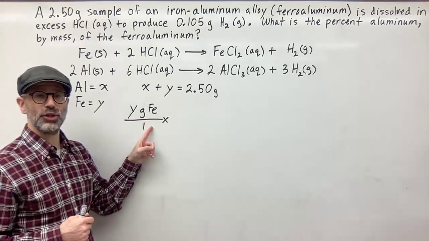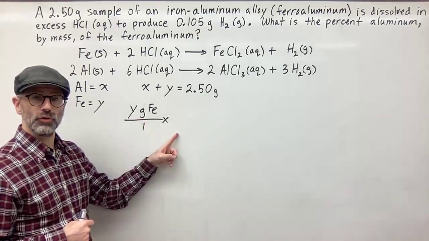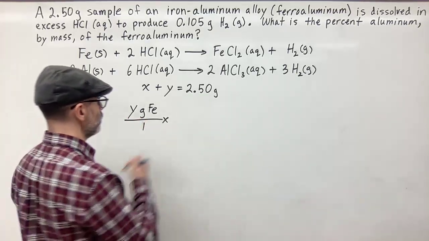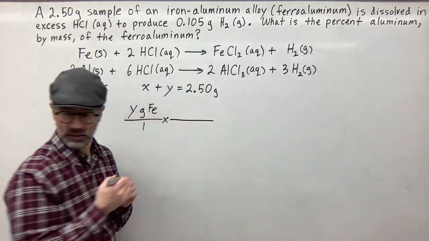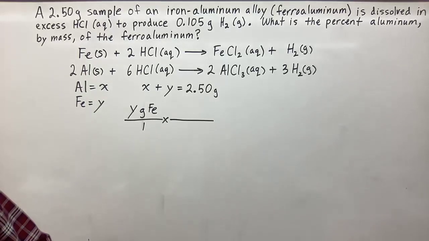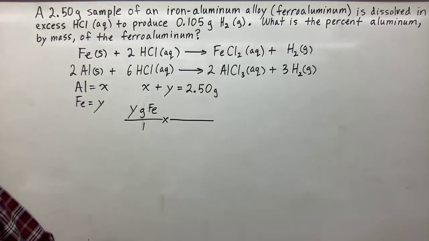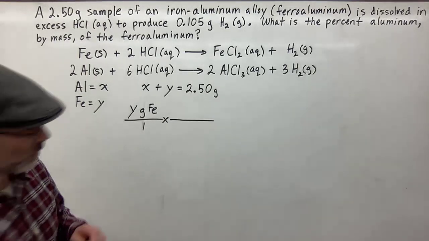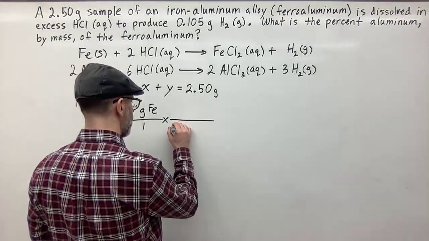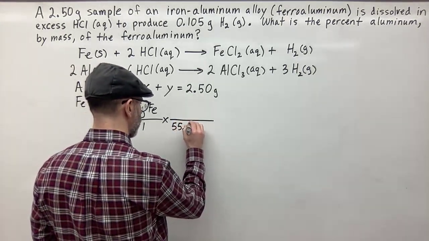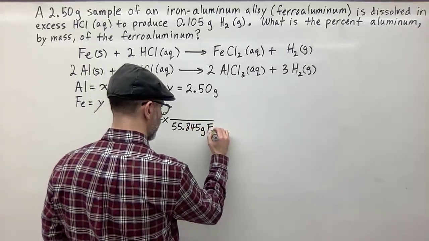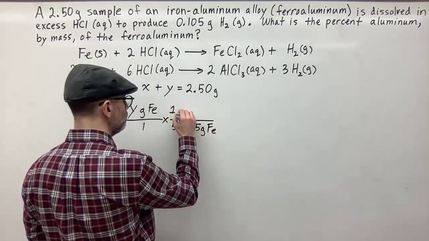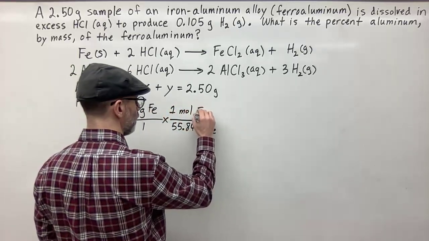The first thing I need to do is convert grams to moles using molar mass. So I'm going to use the molar mass of iron. If I look it up really quick, it's 55.845. So 55.845 grams of iron is equal to 1 mole of iron.